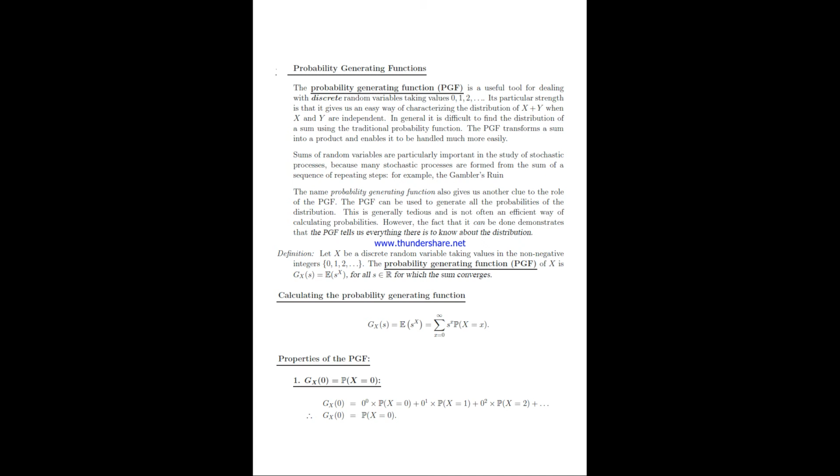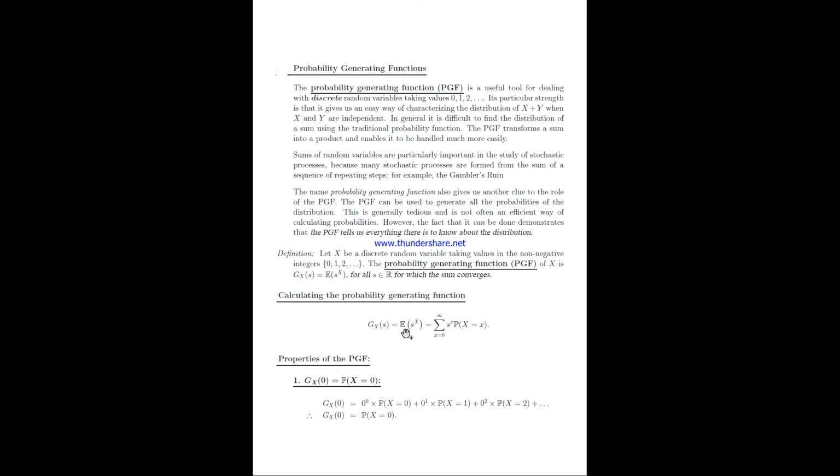Okay, so let's see the definition of the probability generating function. If you have a random variable X, the probability generating function of X is denoted as G_X(s).